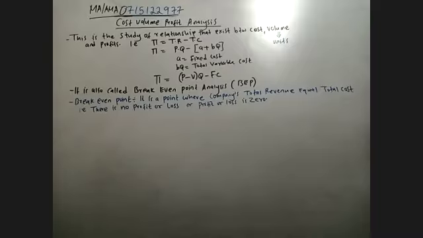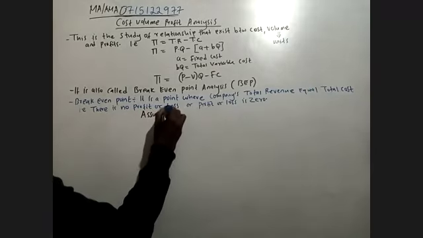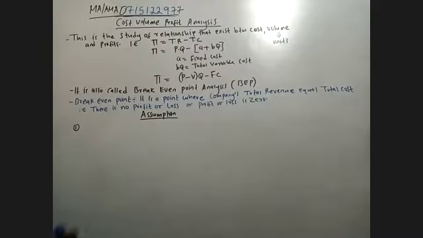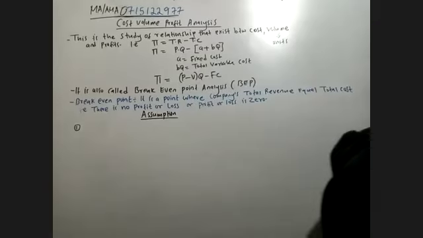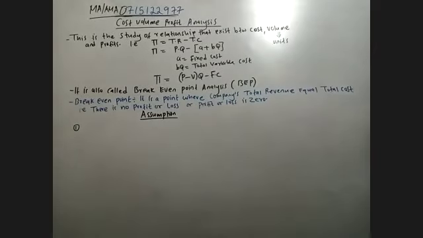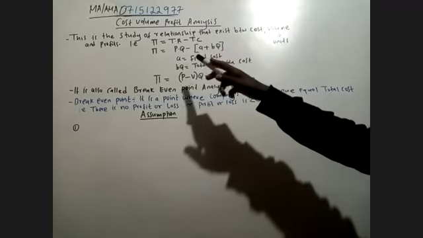Let's see some assumptions that we can utilize in this format. Number one, the relationship between cost, volume, and profit is linear.